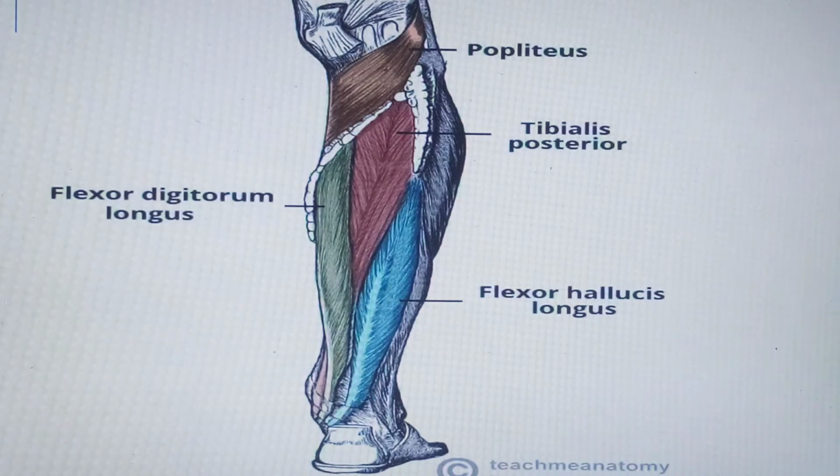Now remember that we didn't mention talus, which is the superior bone of the ankle area. Talus doesn't have any tendon inserting on it. It may have some ligaments inserting, but with tendons of muscles, it doesn't have any. So get to know the tibialis posterior muscle.